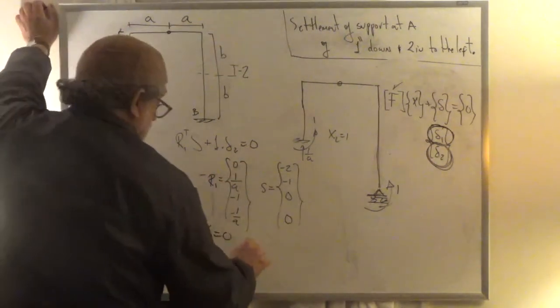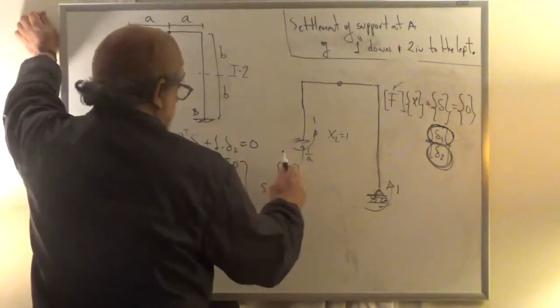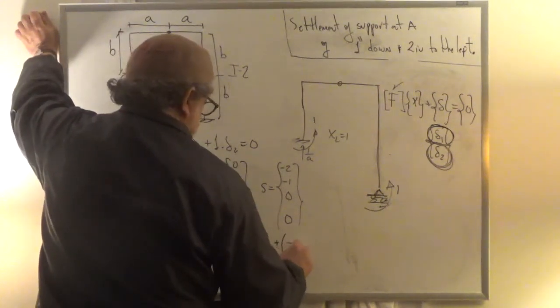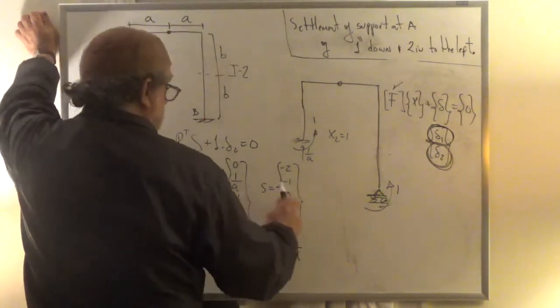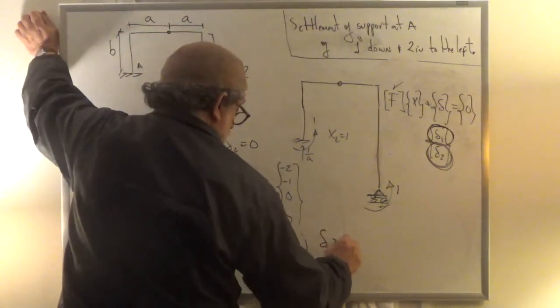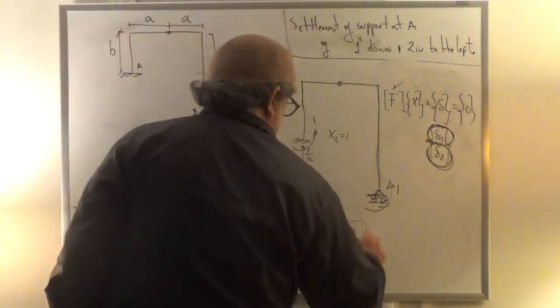This gives me 1 times delta 2 plus 0 times minus 2 is 0. 1 over A times minus 1 is minus 1 over A. Minus 1 times 0 is 0, and this times this is 0. And so we find that delta 2 is equal to 1 over A. Okay? Which is the rotation.